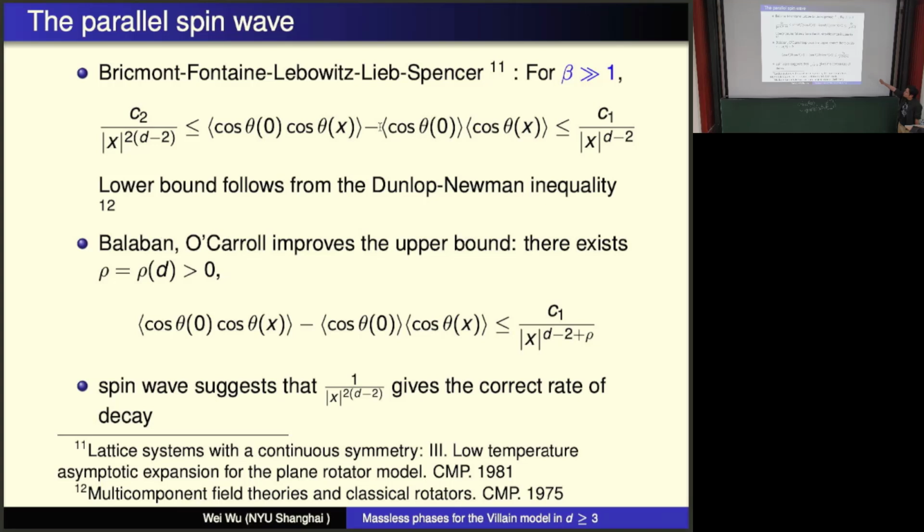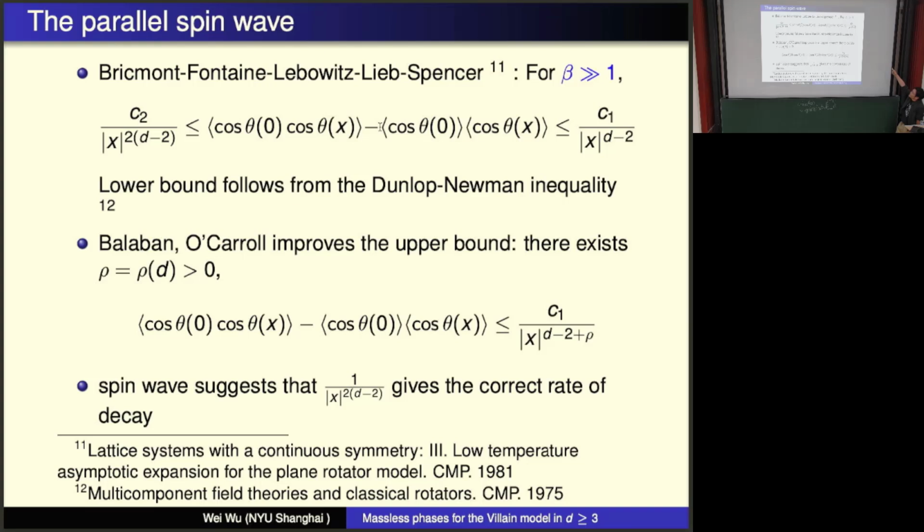Now, if we believe that cosine theta is about 1/2 times theta squared, this would be the corresponding object. So people believe that the cosine truncated one should decay twice faster than 1 over x to the d minus 2.